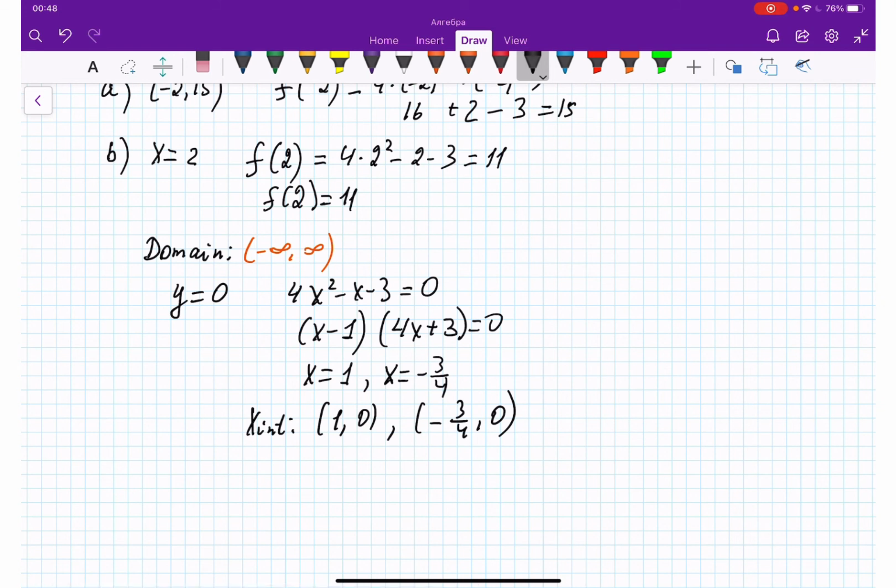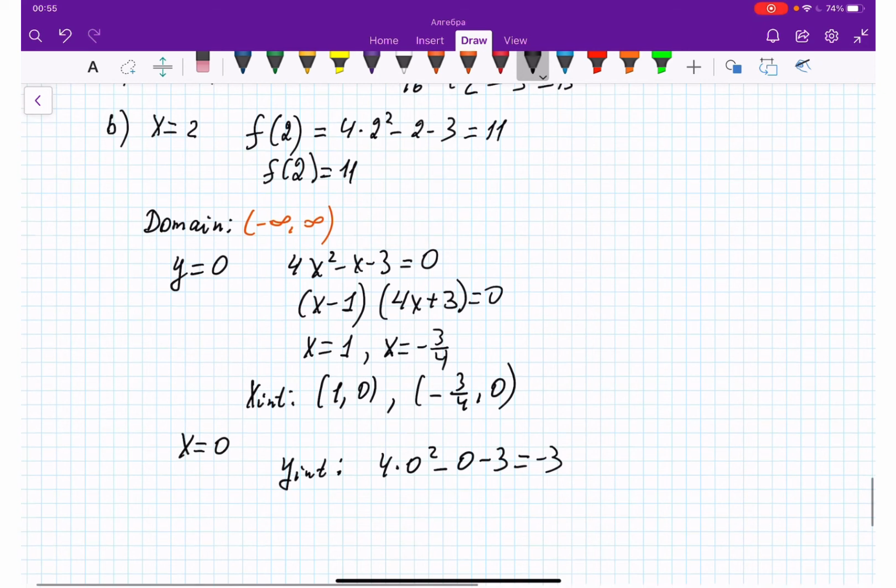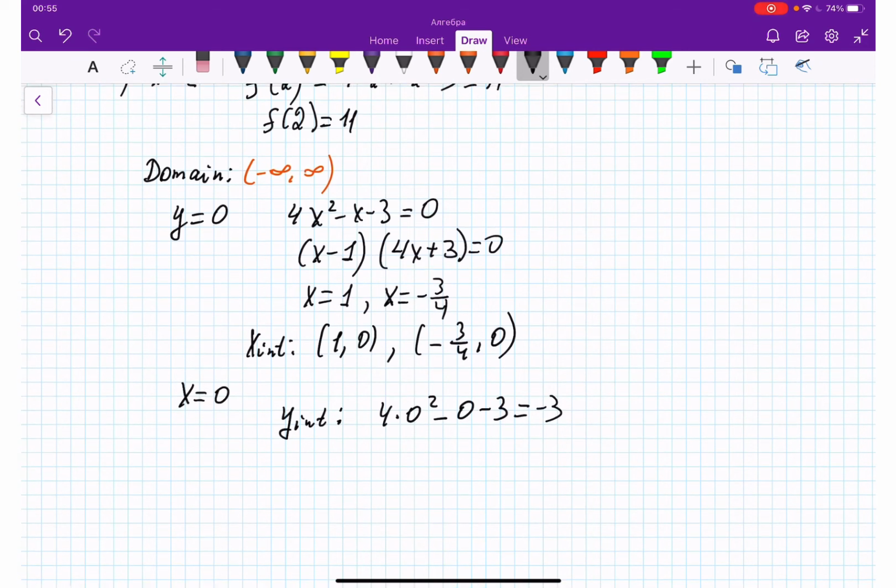To identify the Y-intercept, we take x equal to 0. So Y-intercept is 4 times 0 squared minus 0 minus 3, and it's equal to negative 3. So the Y-intercept is 0, negative 3. Okay, next one.